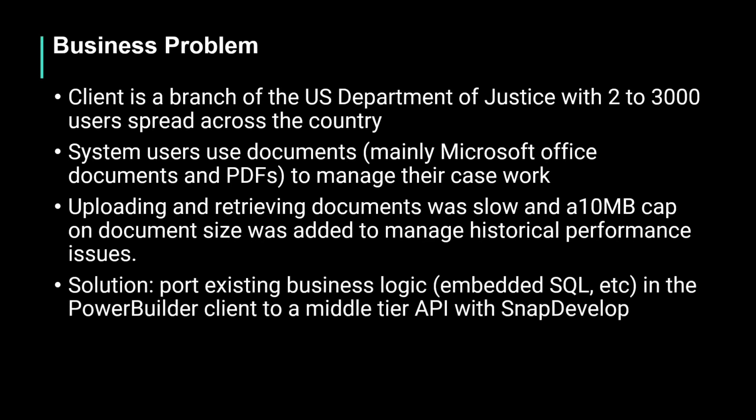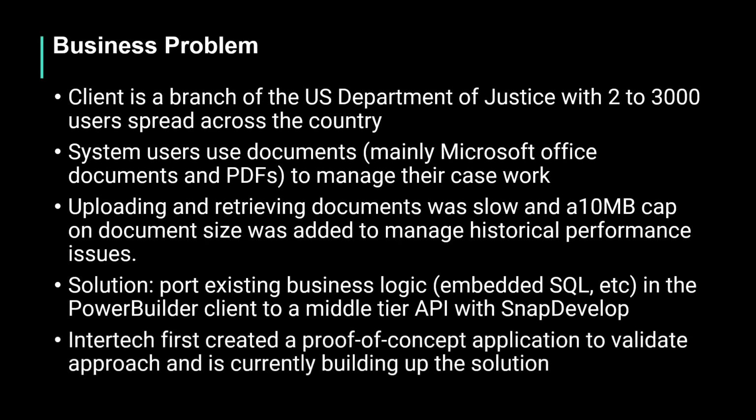So what we propose to the client is to take their existing way of doing it and port that to SnapDevelop, putting that logic at the middle tier in the hope of improving their performance. To do this, we built a proof of concept application, which is what I'm going to be demonstrating today, to validate the approach.